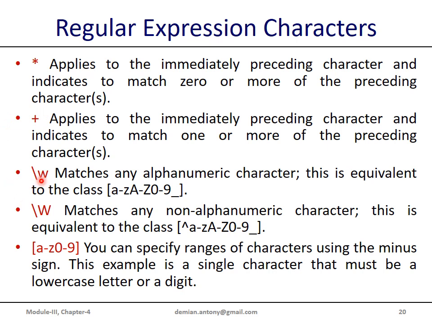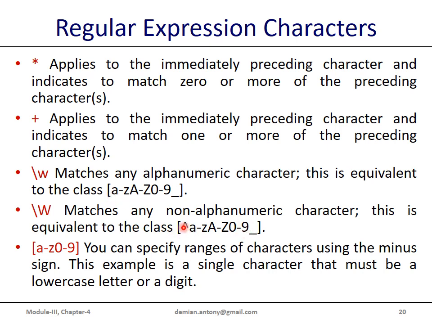Small backslash w matches any alphanumeric character, including the underscore. And capital W matches any non-alphanumeric character. Other than this, this caret represents the inversion of this, anything other than this.